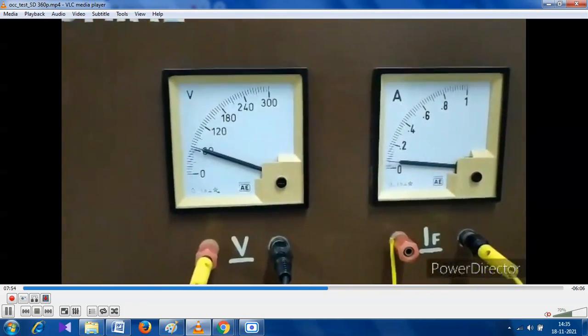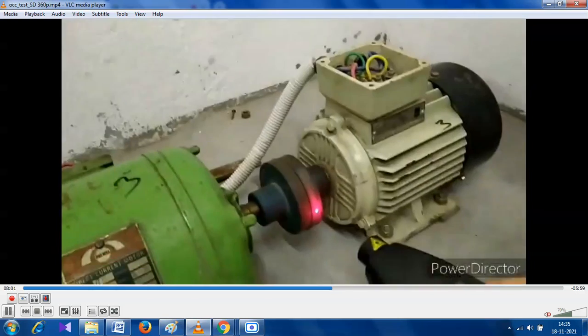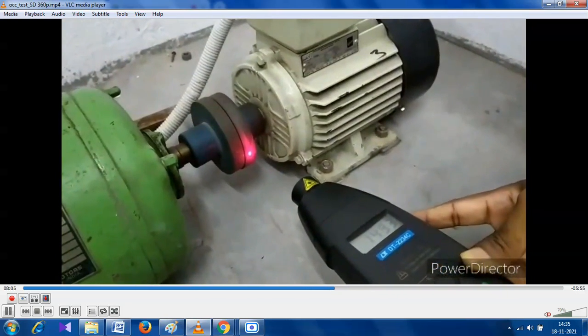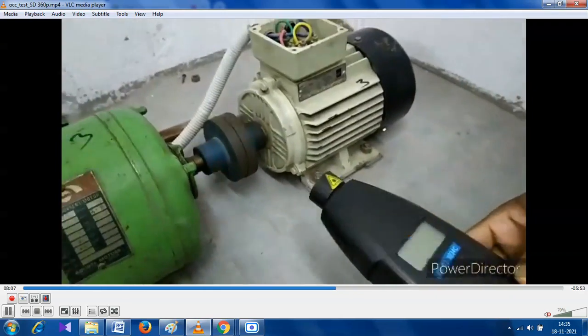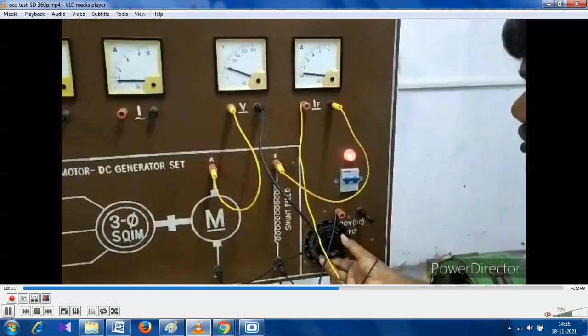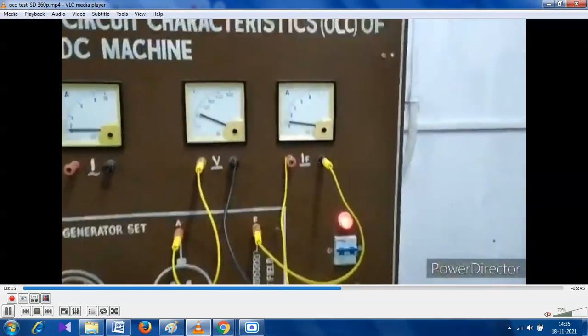So we can say the speed is constant, which is provided by the induction motor. After keeping the speed constant, we increase the field current and take the voltage reading, which is basically the no load voltage.